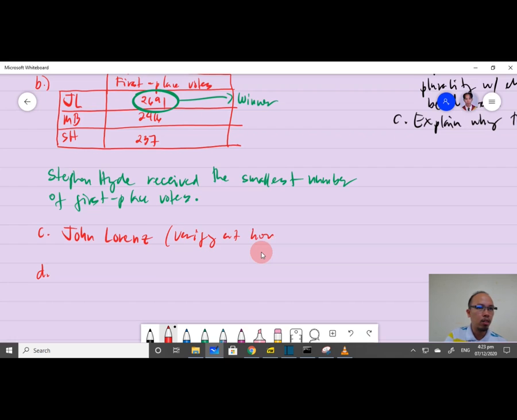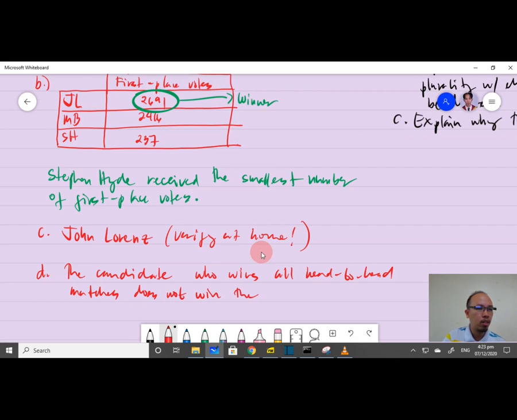Okay, so the candidate who wins all head-to-head matches does not win the election.